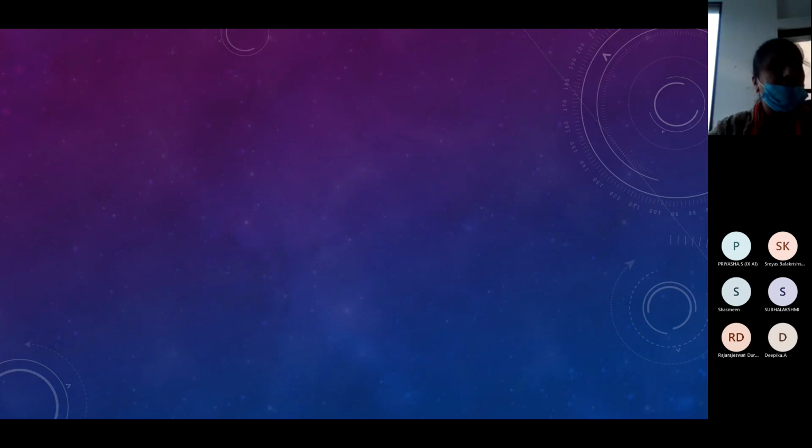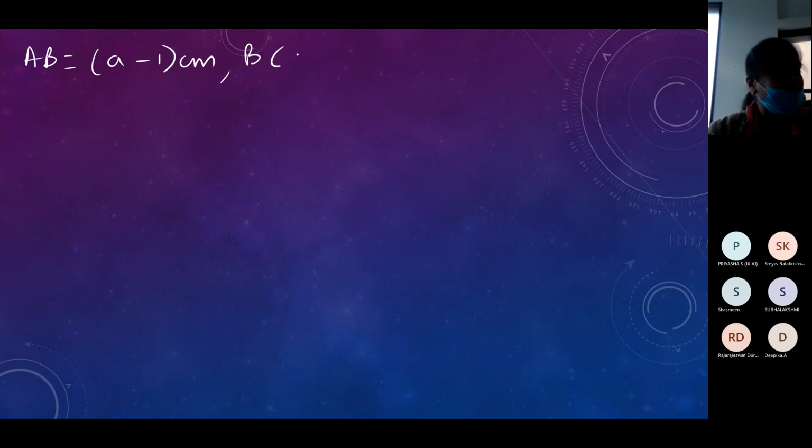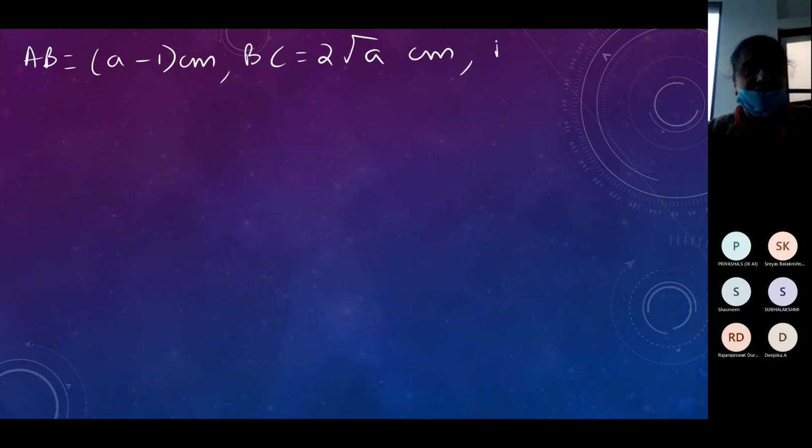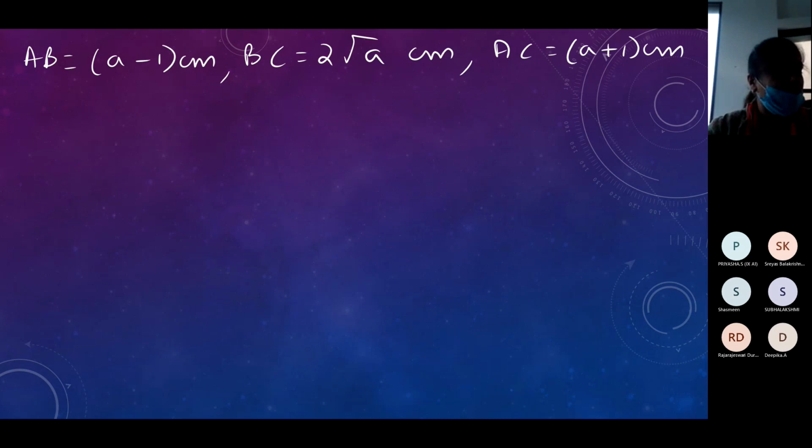You don't have this part of similar triangles, but you may get a question like this. So if AB is A minus 1 centimeters, BC is 2 root A centimeters and AC is equal to A plus 1 centimeters, this is given to you.